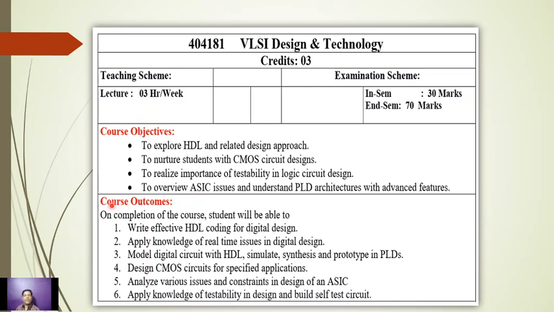Now we are going to see the course outcomes. On completion of the course, the student will be able to: first, write effective HDL coding for digital design. Second, apply knowledge of real-time issues in digital design. Third, model the digital circuit with HDL, simulate, synthesize and prototype in PLDs.